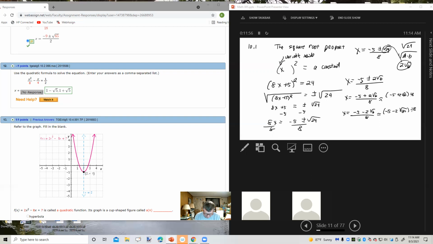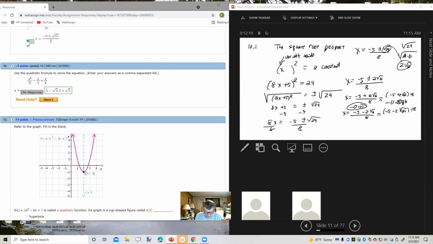So parentheses negative 5 plus 2 times the square root of 6, close it, close the whole thing, divided by 8, and negative 0.0126, etc. So this becomes negative 0.01 because the 2 would round down.